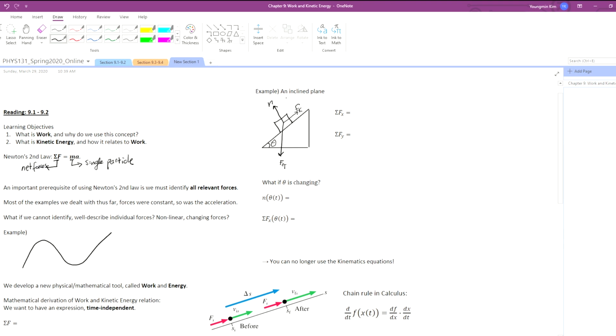Now we identify these individual forces. That's what we usually do. Then we write the sum of forces in x and y, because this is a two-dimensional problem. In x, remember this tilted axis orientation, along the slope is going to be the x-axis here.